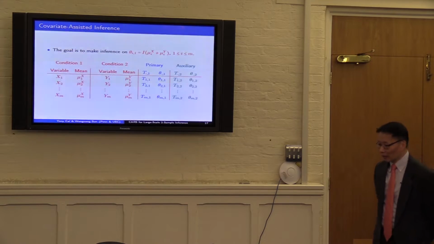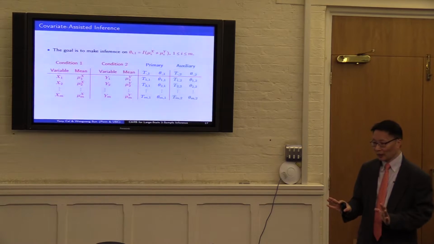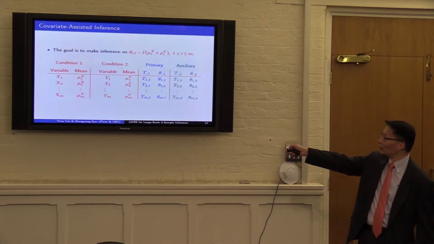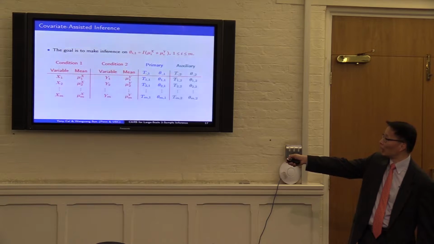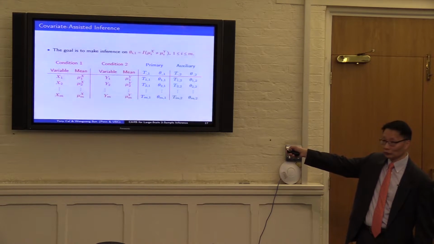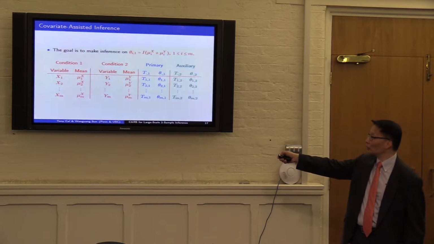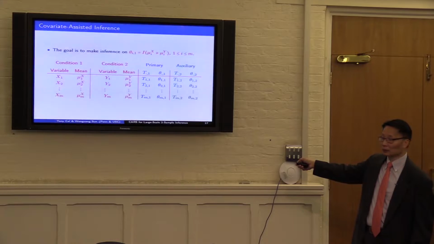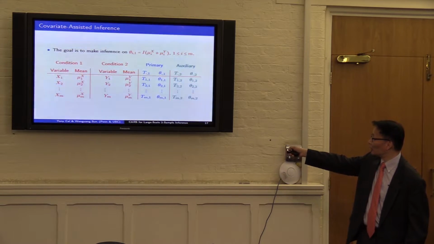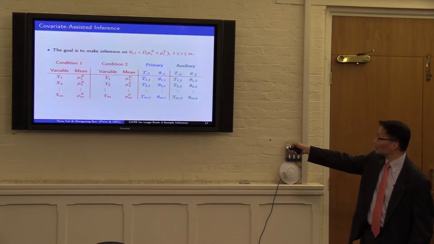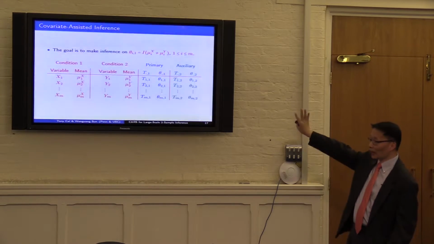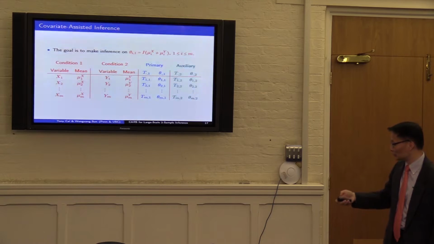So if we summarize what we have done so far, we make a point. If we have two conditions, two samples, one from condition 1, another sample from condition 2, what we should do operationally is summarize the data into two columns. And theta are the indicators of the corresponding hypothesis. The statistics are T_i1 and T_i2. And before, we don't have the second column. We only have the first column.